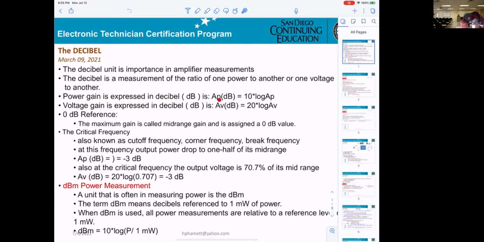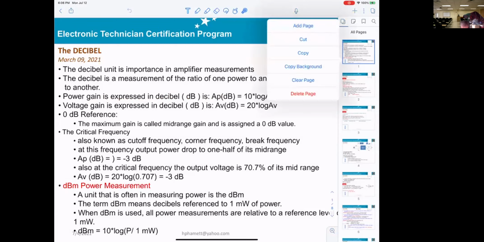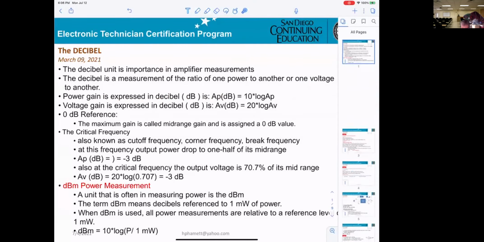AP in dB will be equal to 10 times log of AP. The formula: AP means power gain.